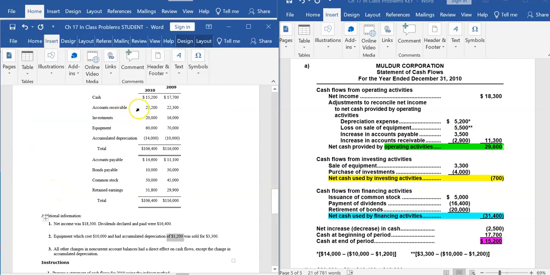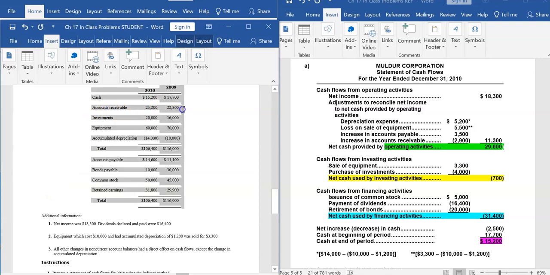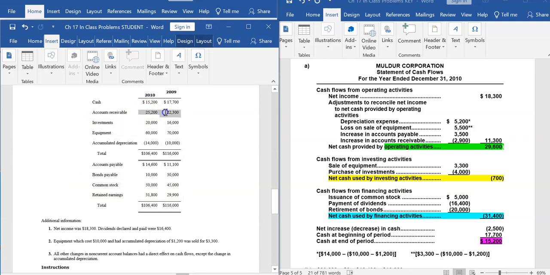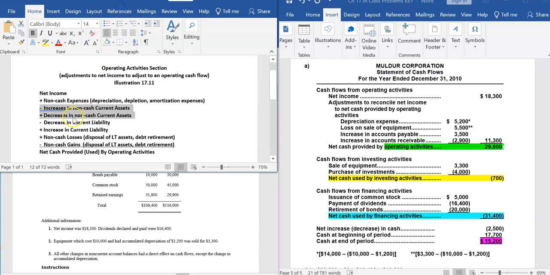All right, let's go look at our first non-cash current asset. Whoops. We had accounts receivable that increased during the year. It went from $22,300 up to $25,200. The difference is $2,900. My cheat sheet tells me if I had an increase in accounts receivable, I need to subtract the amount of that increase from net income.